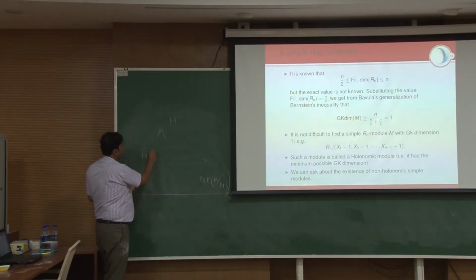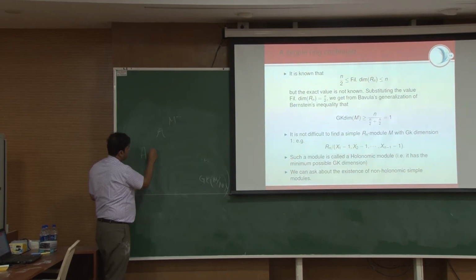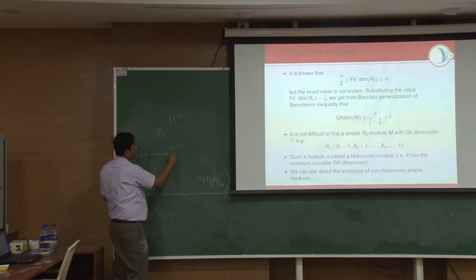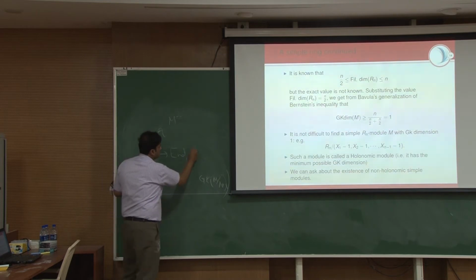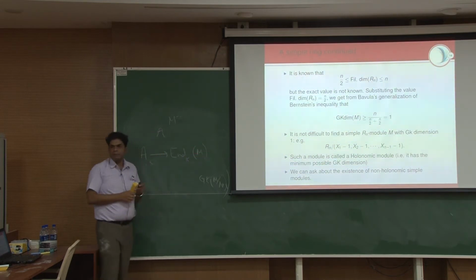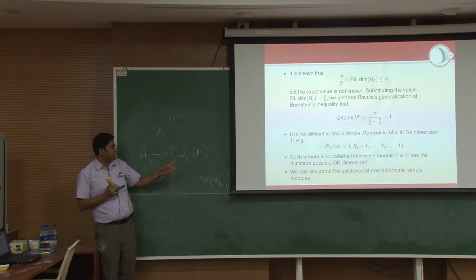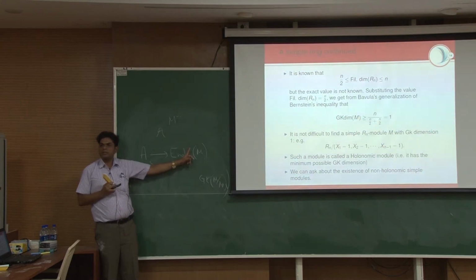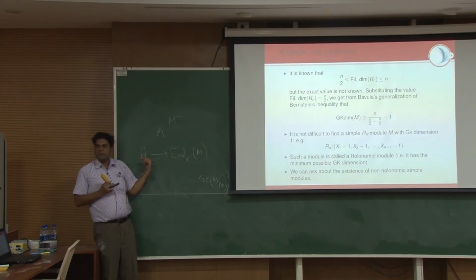Then there is a natural map from A to the endomorphism algebra of M. So if this M is finite dimensional over K, then this is just some matrix algebra, which is also finite dimensional. And if this algebra A is simple, then this means that this map is an embedding.